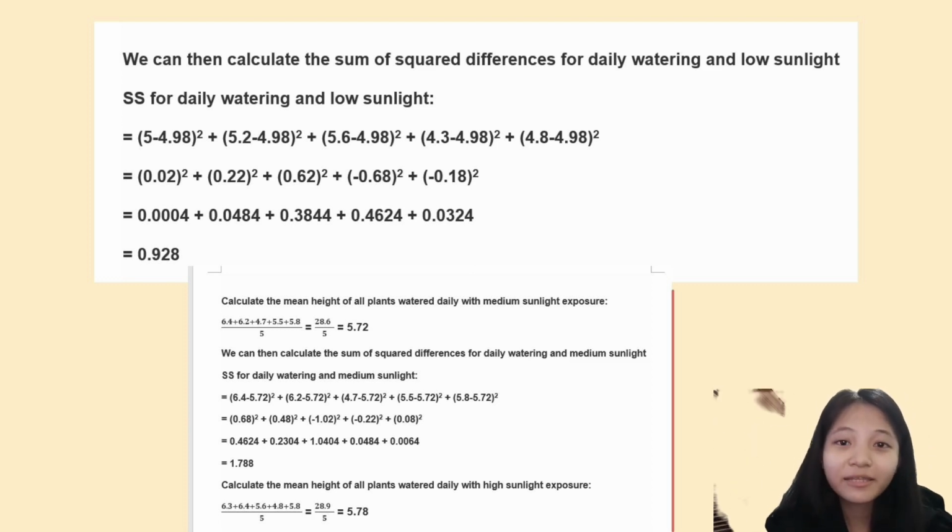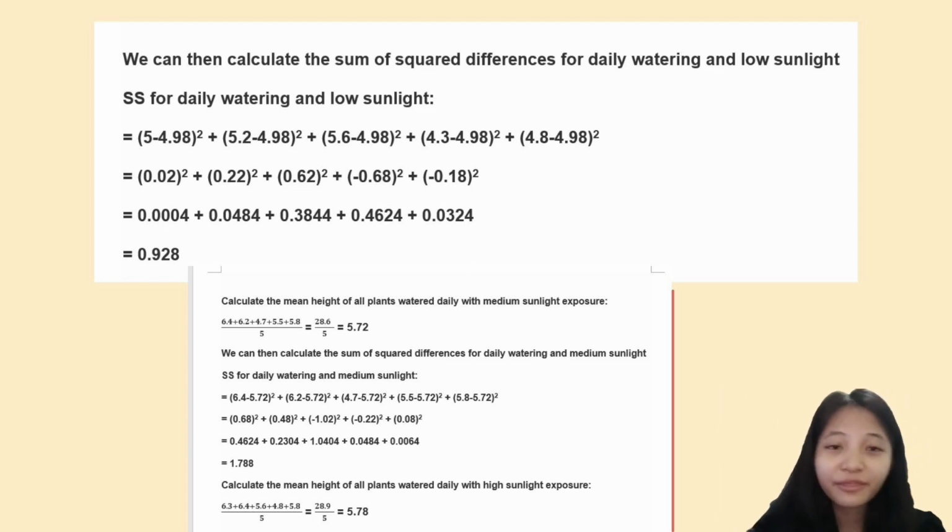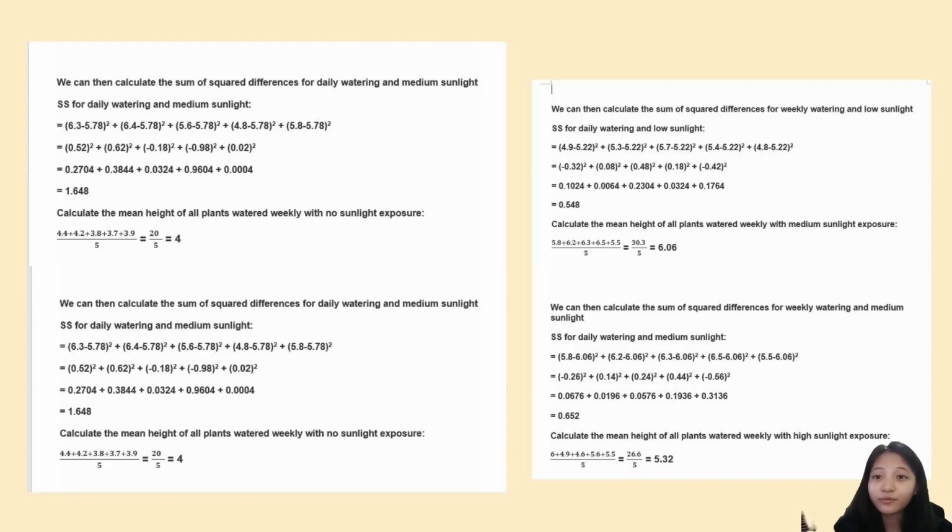Next, calculate the mean height of factor A with high sunlight exposure. So, 6.3 plus 6.4 plus 5.6 plus 4.8 plus 5.8 divided by 5 equals 28.9 divided by 5 equals 5.78. So, 5.78 is the mean. So, given the mean, which is 5.78, we can then calculate the sum of square differences for factor A with high sunlight exposure.